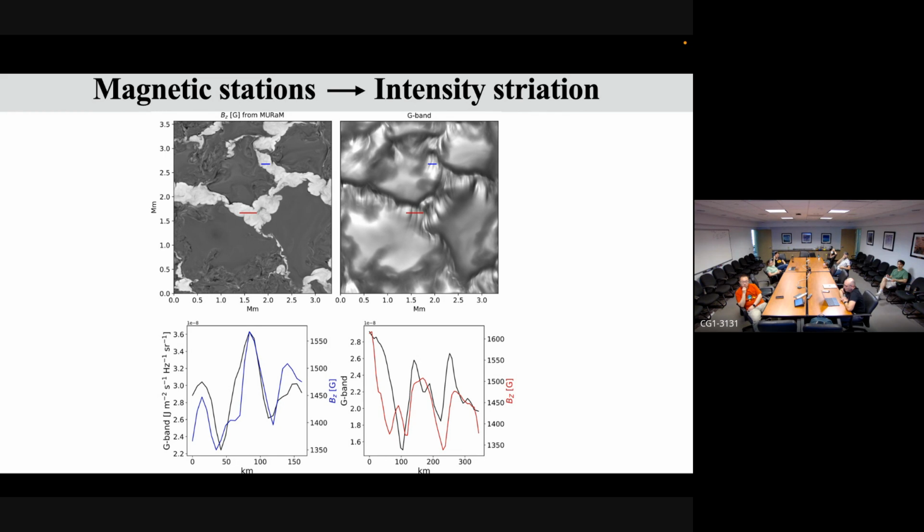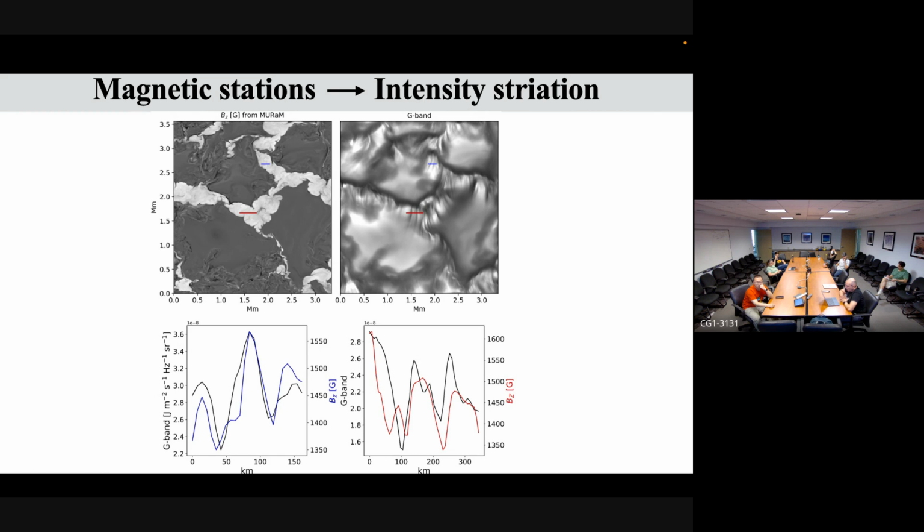And we checked the magnetic field BZ in the Muram simulation, and we compared it to the striations. So here at the bottom panel, you can see the intensities along these red and blue lines at the top from BZ and G band.